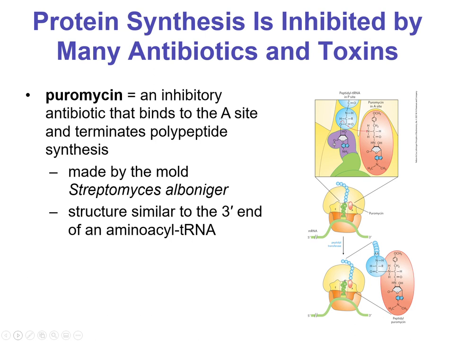It's made by a Streptomyces species, and its structure is similar to the 3' end of an aminoacyl tRNA. So once it binds to the A site, that whole peptide is transferred to it, and then it gets stuck. And you have termination of protein synthesis.